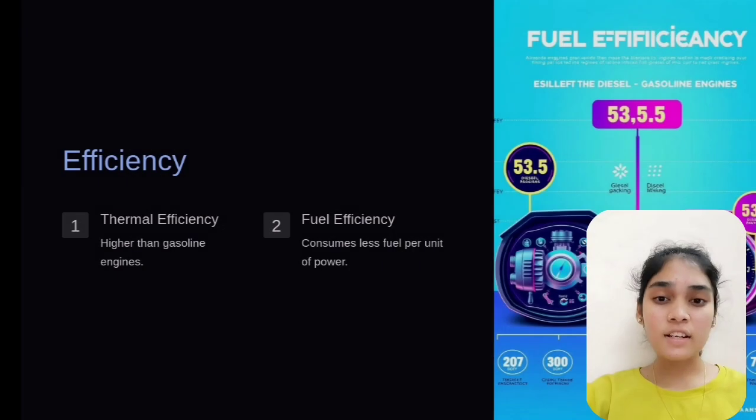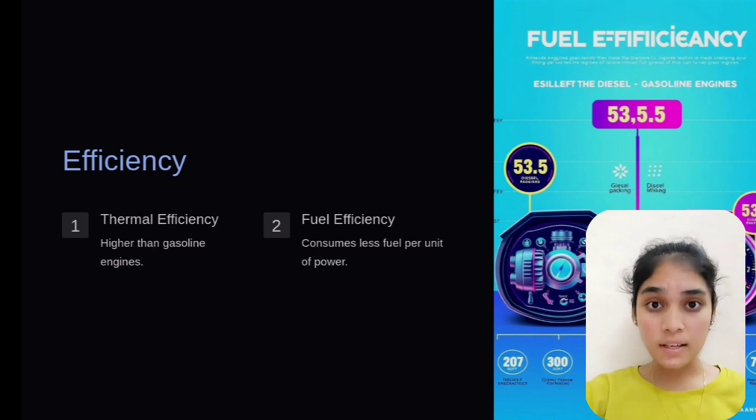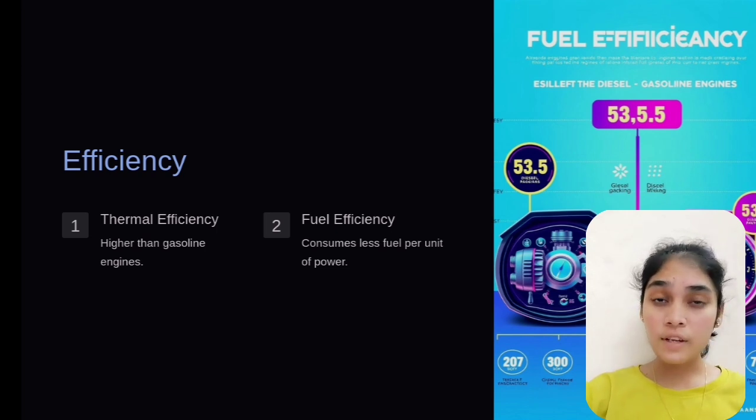And then second one is the thermal efficiency and fuel efficiency. There are two types, the difference between the two. Thermal efficiency is the ratio of the work output to heat input, and fuel efficiency is the amount of energy produced per unit fuel consumed.